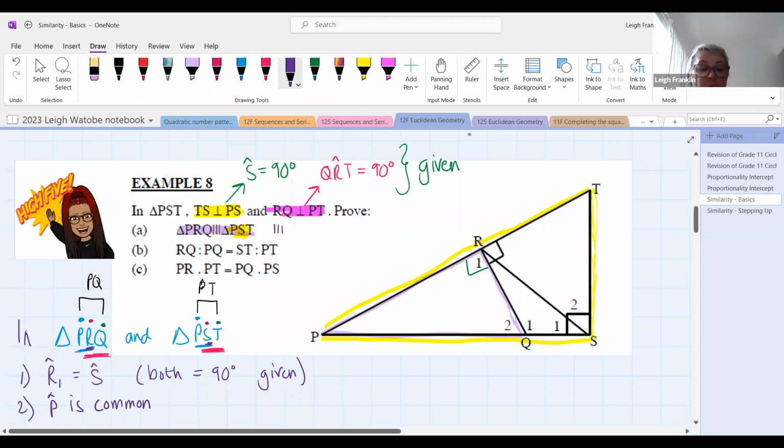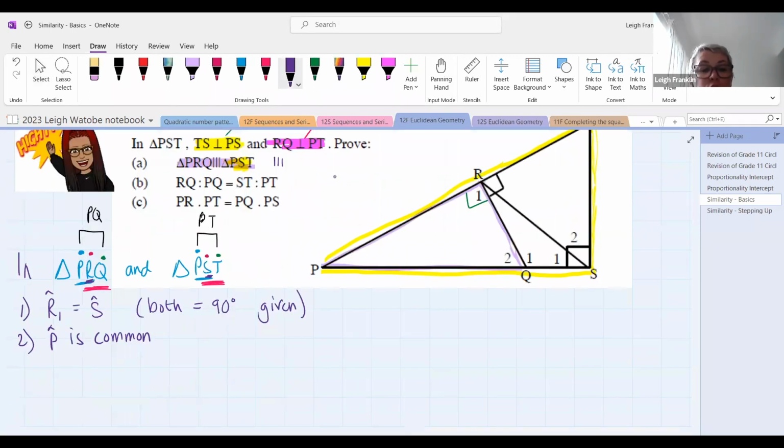Now, the other very important thing is that when you are proving similarity, you only need to prove two angles, okay? After that, the third angle can always be obtained by using angles of a triangle. Remember, the angles in a triangle add up to 180 degrees.